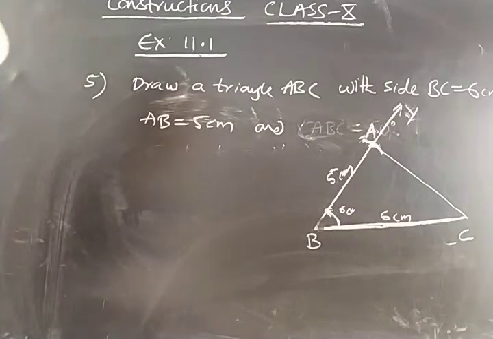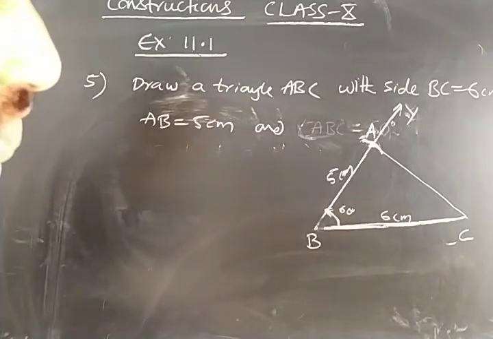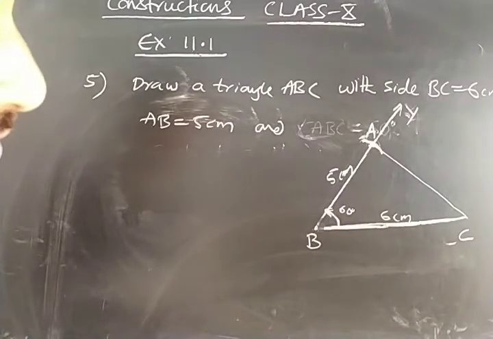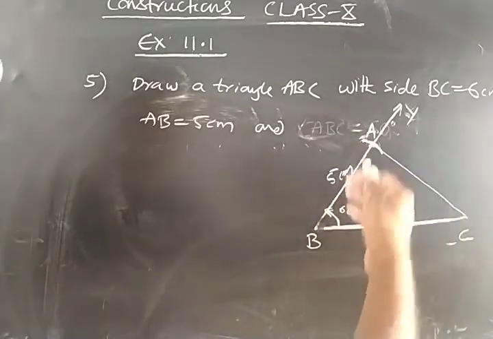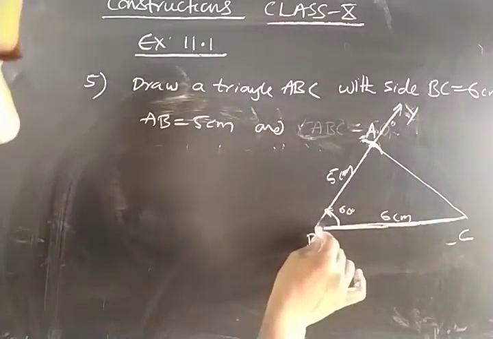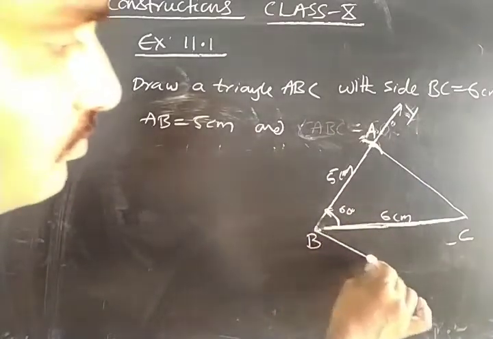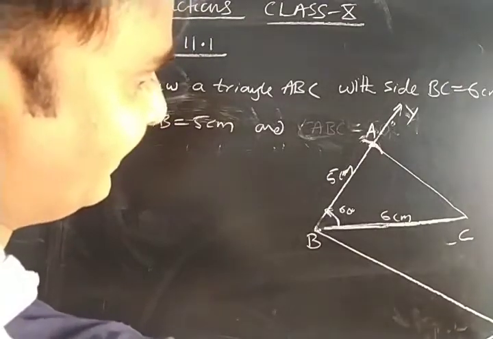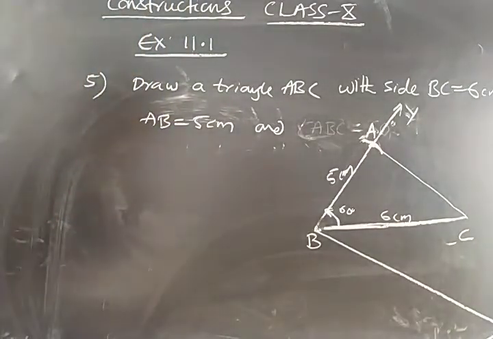Now I am going to find the similar triangle, which is similar to this triangle, whose sides are 3 by 4 of the given triangle. 3 by 4 is proper fraction. Proper fraction means this is the first triangle, second triangle will be smaller than this. So for that, through B, draw a ray. I draw a ray BX. On it, locate how many points? 4 points.